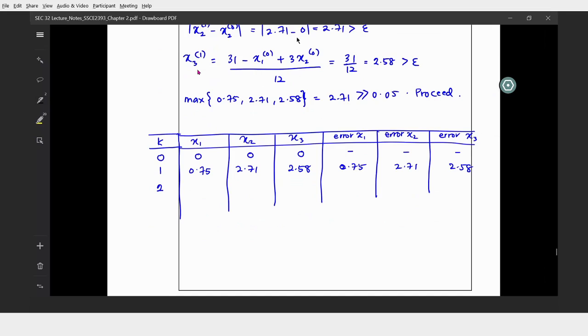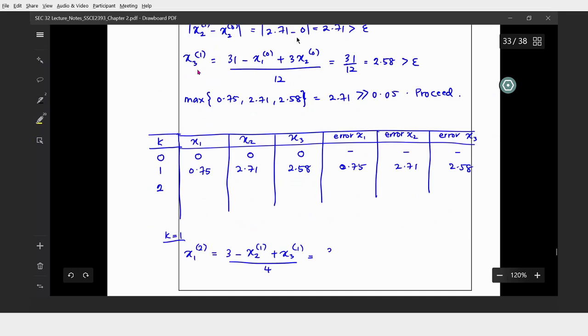Okay, so manually, when k equals 1, you should get x1 2. So manually, you are going to have 3 minus x2 1 now, plus x3 1 over 4. Refer to the formula for x1. But now you are changing your x2 and x3 values.